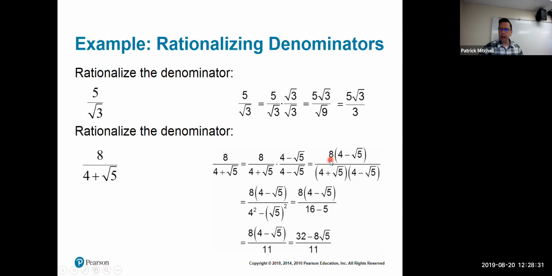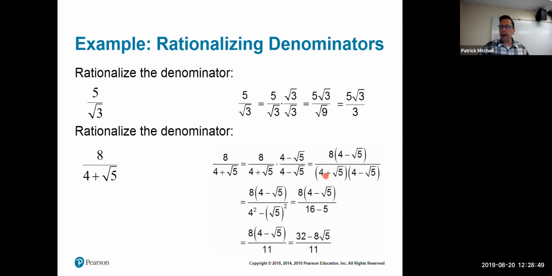So upstairs I have 8 times 4 minus the square root of 5. And downstairs I have 4 plus the square root of 5 times 4 minus the square root of 5. Now here comes the whole reason that you want to multiply by the conjugate on the top and bottom.